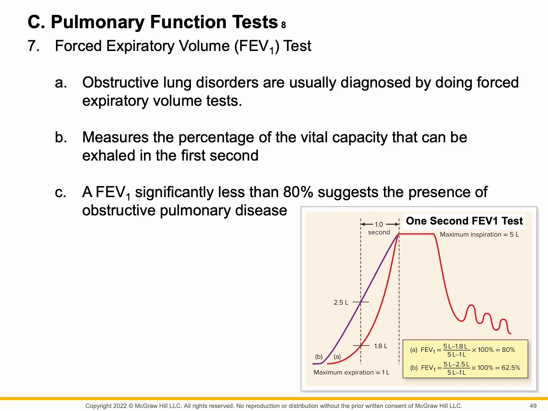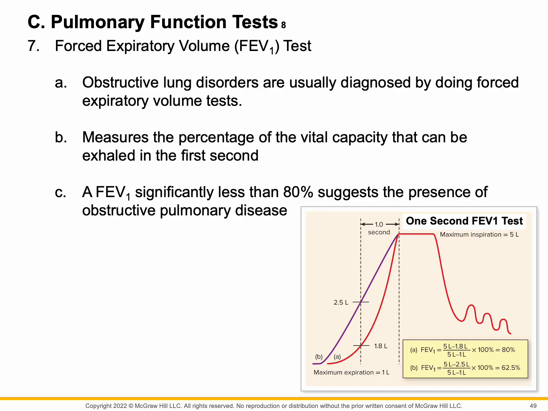We've mentioned FEV1, but what is it? It's a forced expiratory volume test, which is a key component of spirometry and is a common pulmonary function test used to assess how well your lungs are working. This measures the amount of air you can forcefully exhale from your lungs in the first second of a rapid, complete exhalation after taking a deep breath, and it's used to assess the degree of airway obstruction.